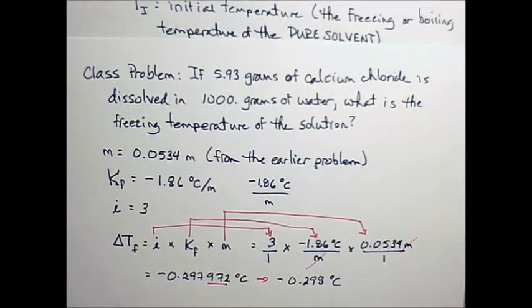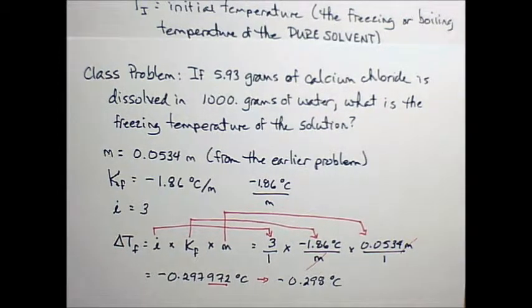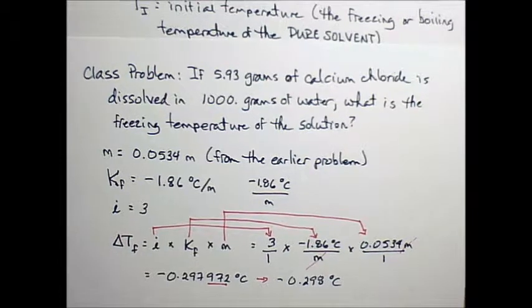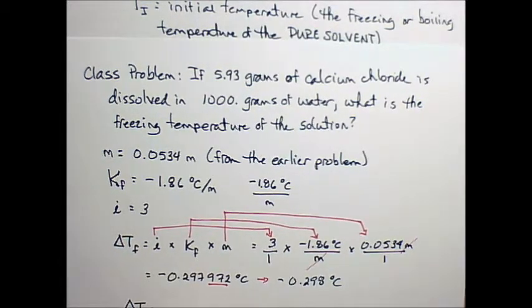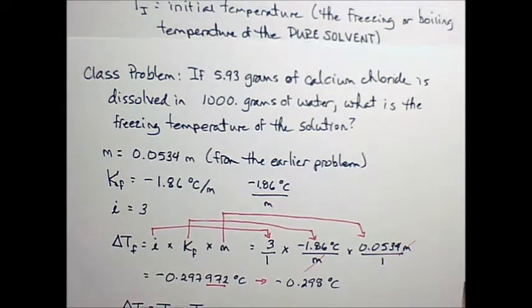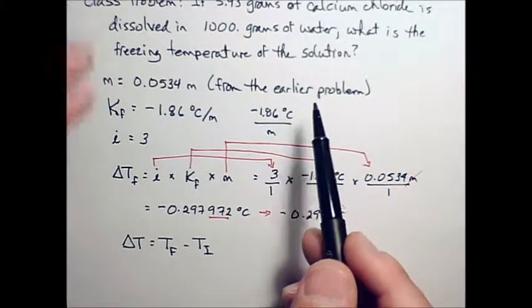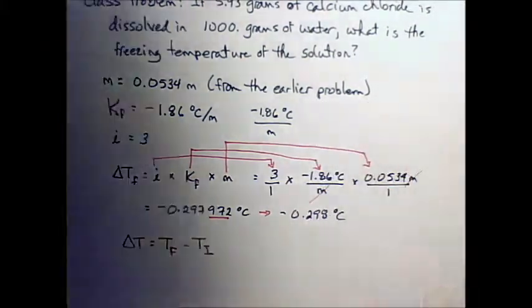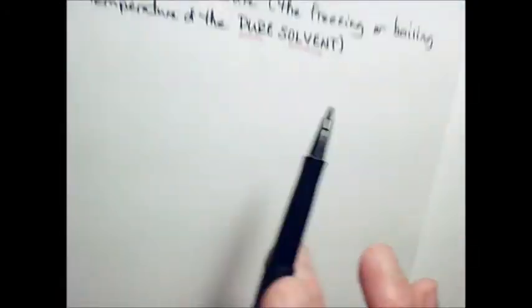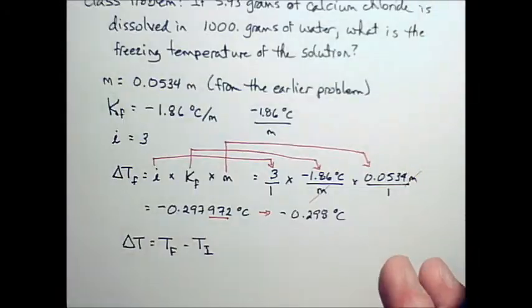We haven't yet found the freezing temperature. That's what we need the other equation for. And the other equation is the change in temperature is equal to the final temperature minus the initial temperature. Now what we set up in our definitions earlier was that the initial temperature is always the freezing or boiling temperature of the pure solvent.